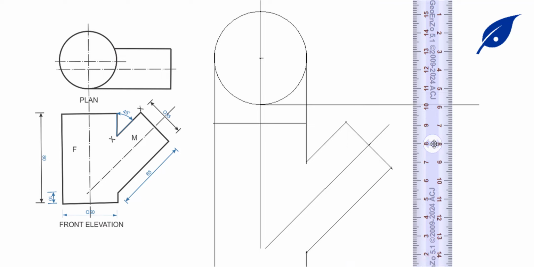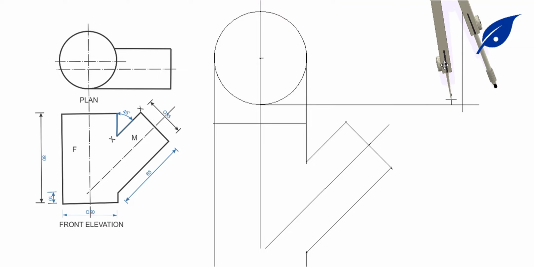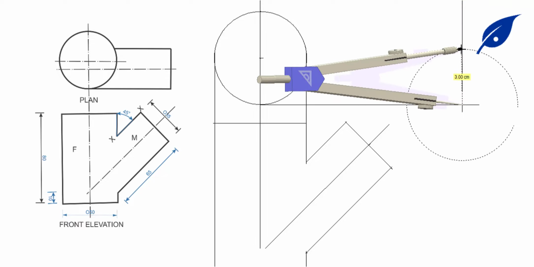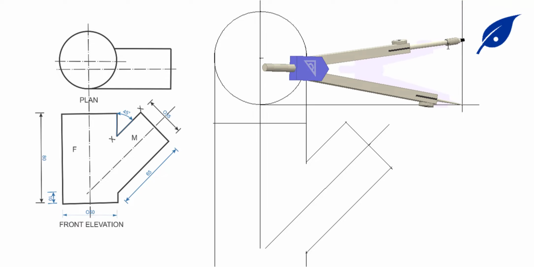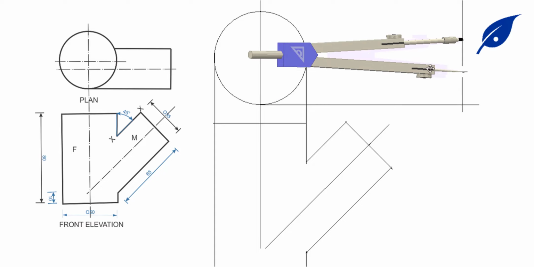Then from the front elevation, we'll be able to get the required view of the plan, the face of the cylinder M on the plan.